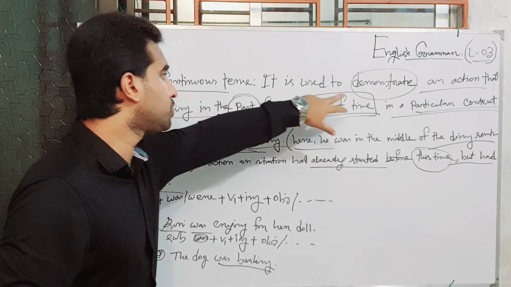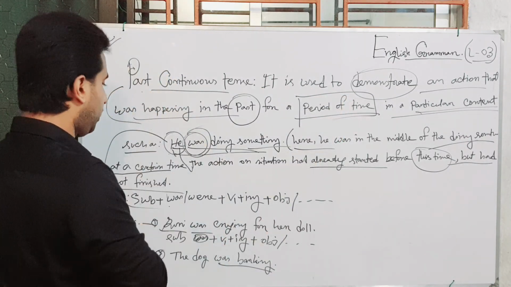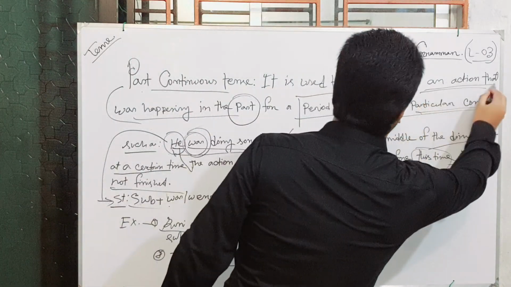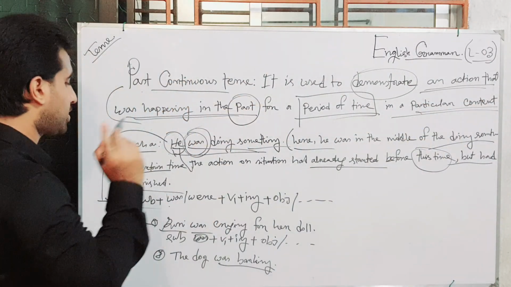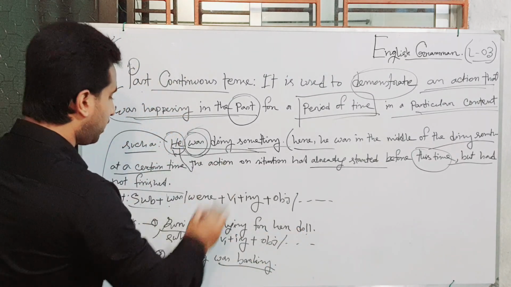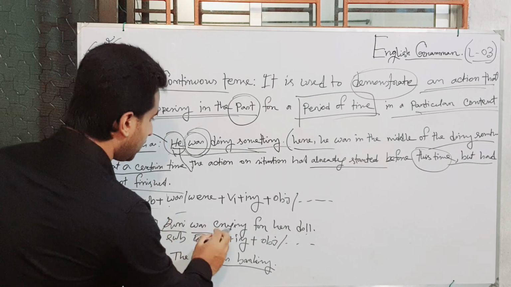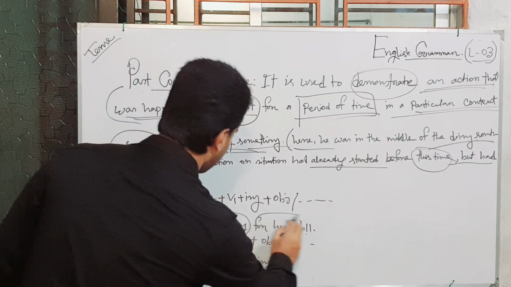It is used to demonstrate or clarify. This tense is used to clarify an action that was happening in the past. Rooney was crying for her doll. The action is very clear to us because she was crying for her doll.